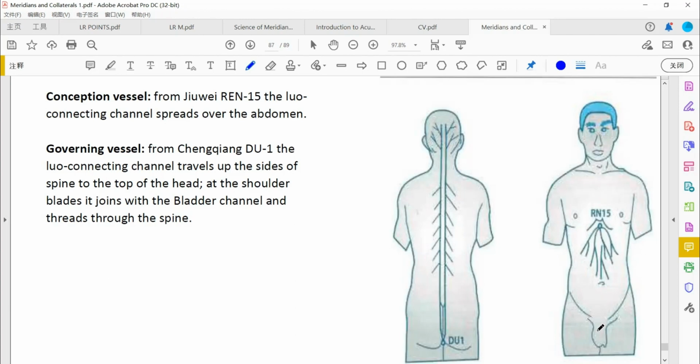CV meridian is on the midline and front of the body. So that's why on the CV meridian there are many points here, which will be good for some itching of the abdomen.